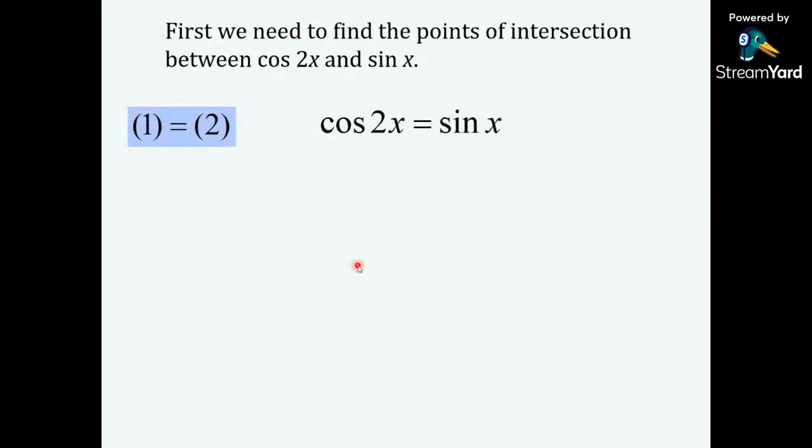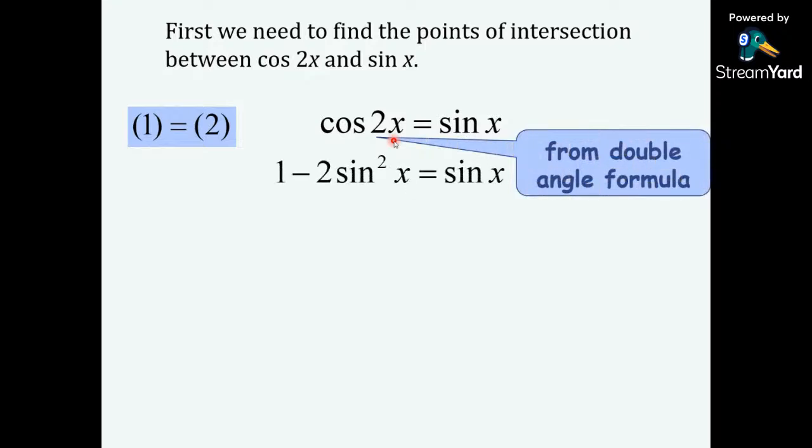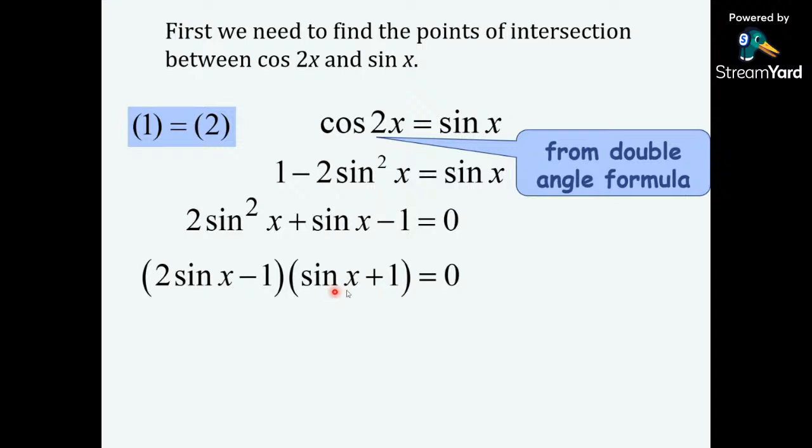To find the point of intersection, we will just perform simultaneous equations. In this case, we need to change the form using the double angle formula, so we have 1 minus 2 sine squared x. Then we can group all of them on one side and let it equal 0. Factorize, and we will get two solutions.